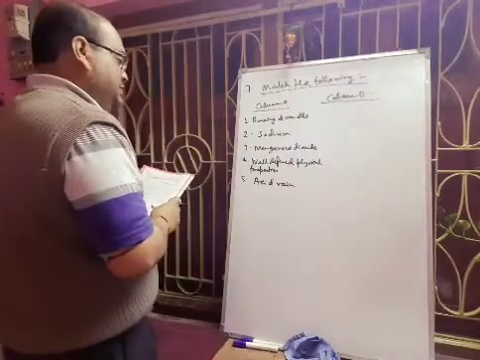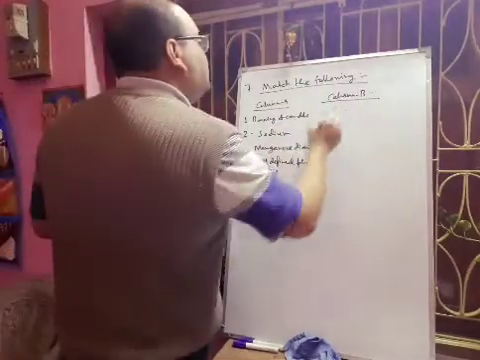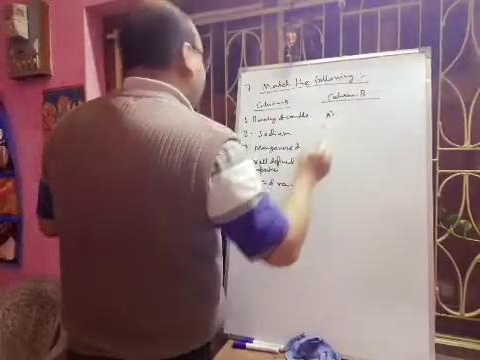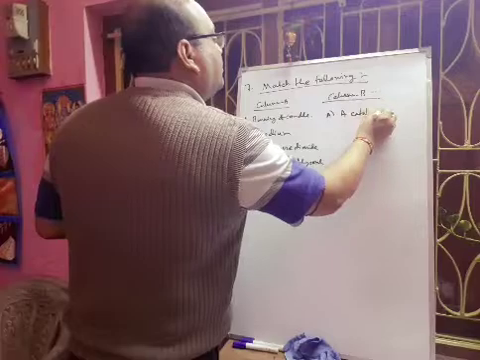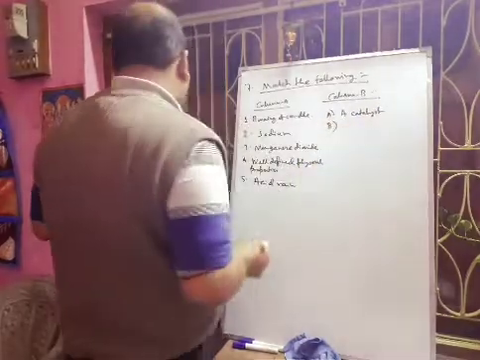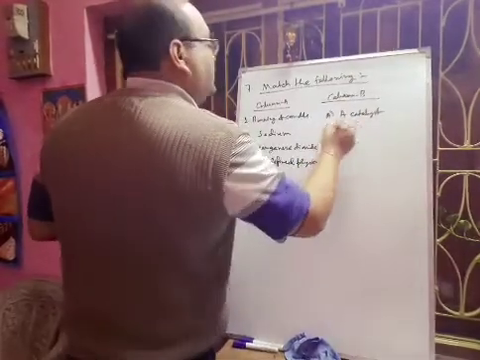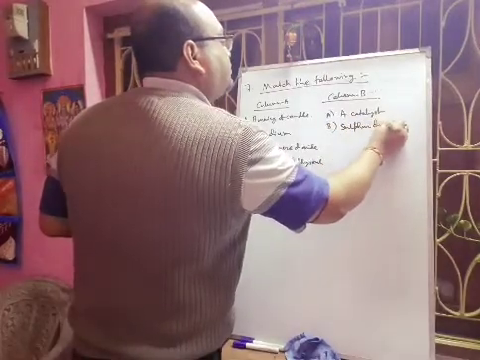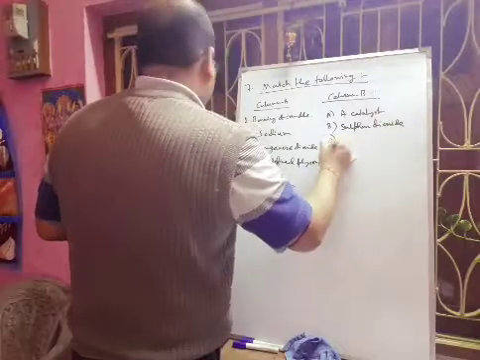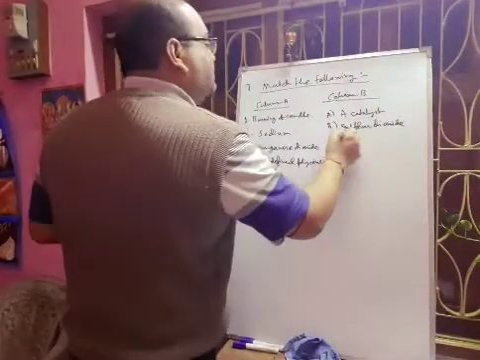So in this case, column B's are given: a catalyst. Next one is sulfur dioxide. Next one is given pure substance.